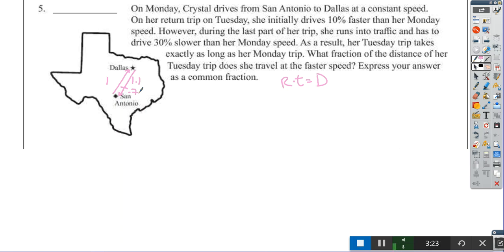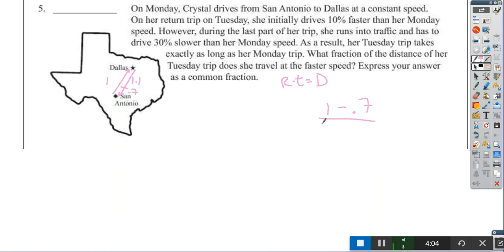So her original speed is 1, right? And remember, we're looking for a fraction of how much she was going the faster speed. So the original speed is 1, and the shortcut here is we can just subtract out the 0.7 of it, and then you have 0.3 left.